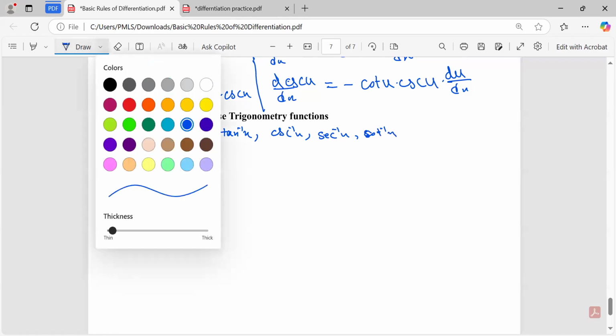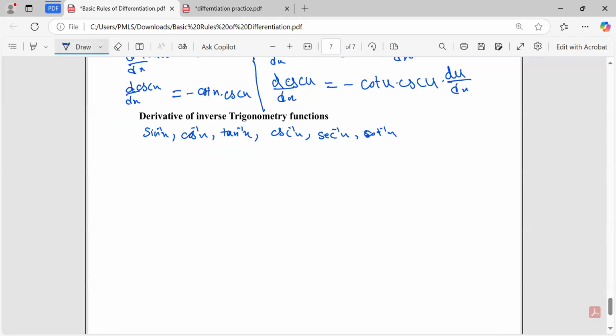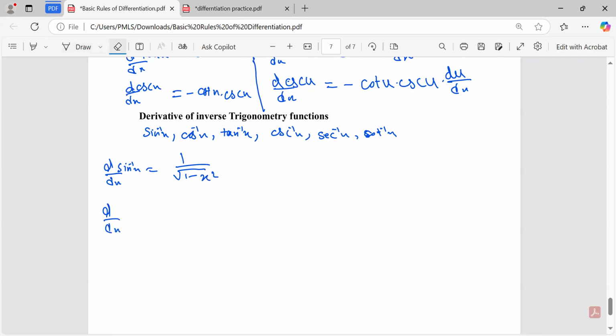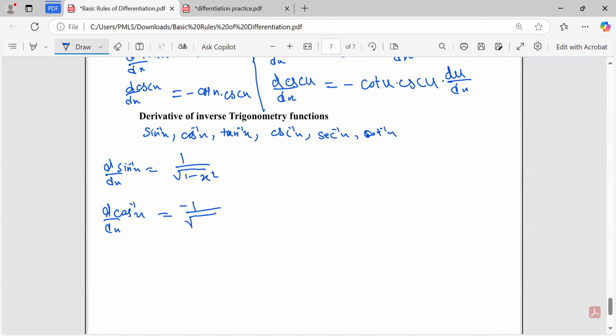If you need to find the derivatives, d by dx of sine inverse of x is equal to 1 over the square root of 1 minus x square. But d by dx of cos inverse of x, sorry, this is cos, not cot, is equal to minus 1 over the square root of 1 minus x square. In the same way, the derivative of tan inverse of x is equal to 1 over 1 plus x square, right?